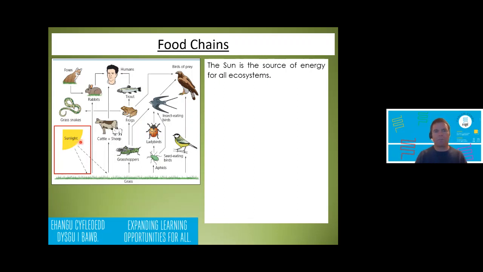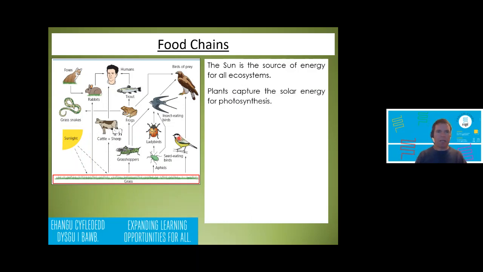That's because plants, like the grass shown here, get their energy from the sun. Animals then eat plants, or animals eat animals which have eaten plants, and consequently every organism is ultimately dependent upon the sun for energy.